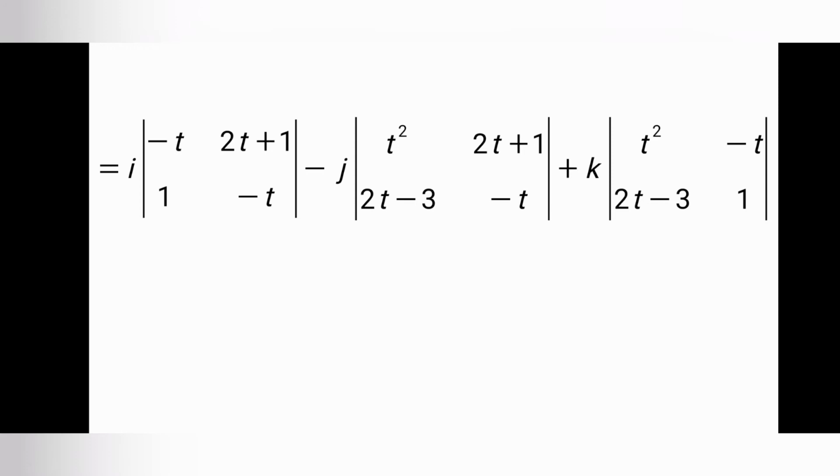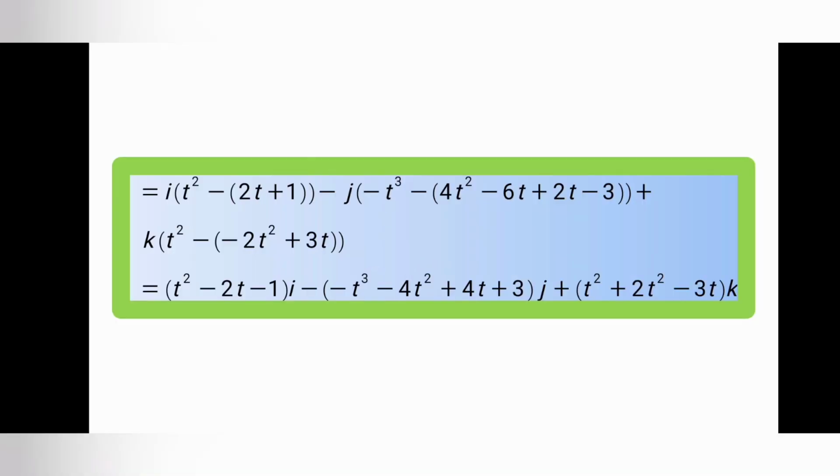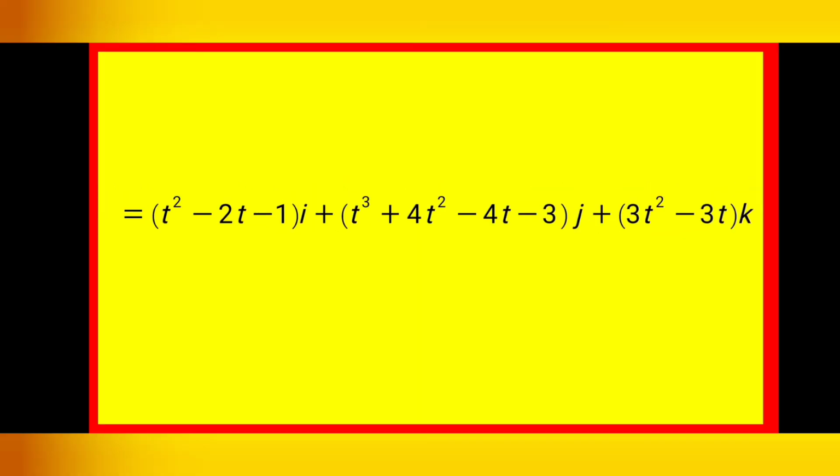If we find this determinant, we will have t squared minus 2t minus 1 times i plus t cubed plus 4t squared minus 4t minus 3 times j plus 3t squared minus 3t times k. That is the determinant, which gives us u cross v.